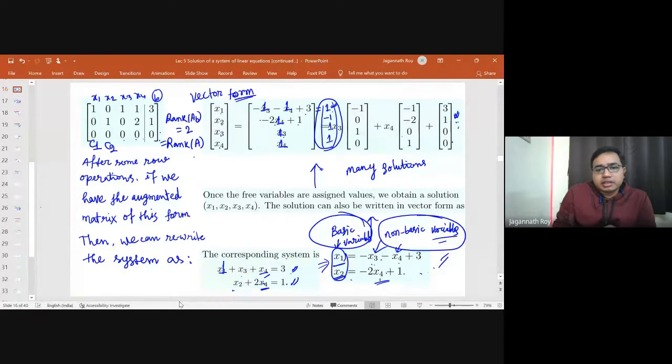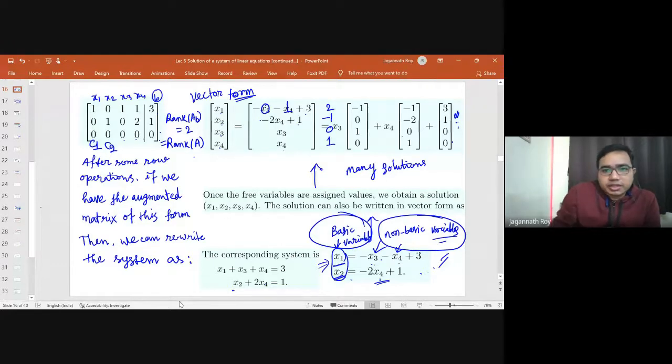Now if you try some different values, for example, in place of the free variables, if you try 0 and 1, then again it is -1. So 0 and then 1.